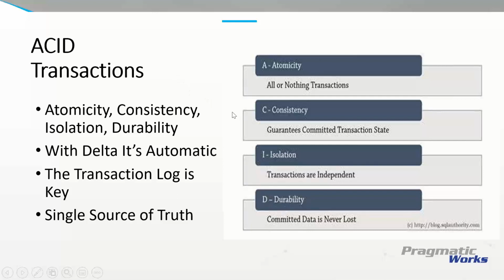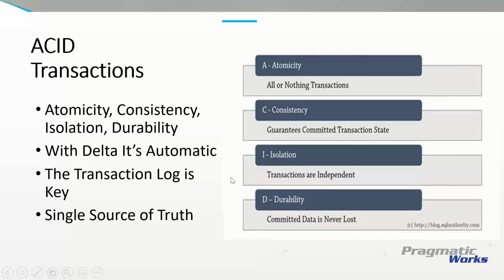Consistency guarantees committed transactions, and what that means is that it brings consistency to your data set so that you know the data is consistent. It's not partial writes or partial transformations or anything like that. And we know that it's definitely consistent and reliable.